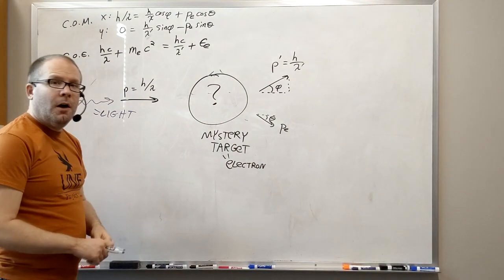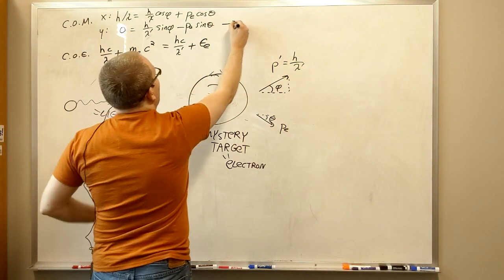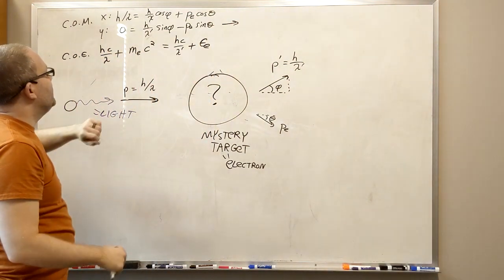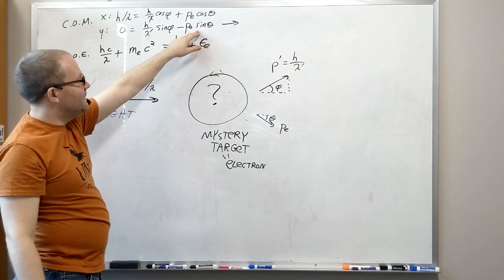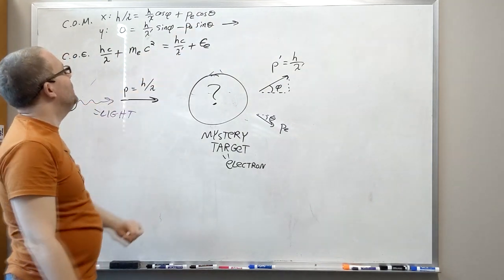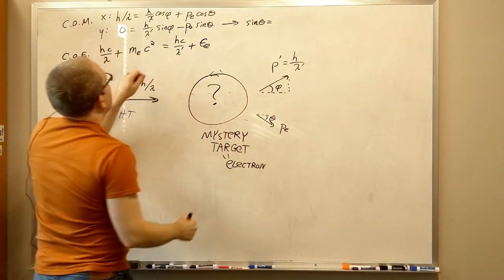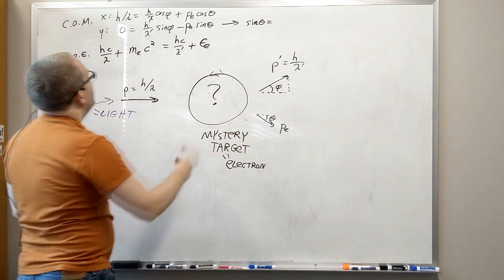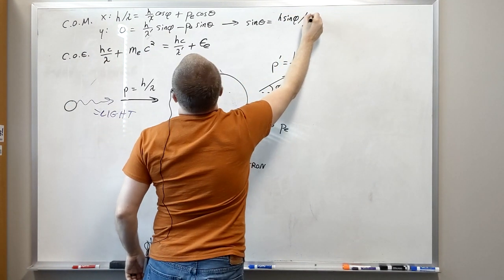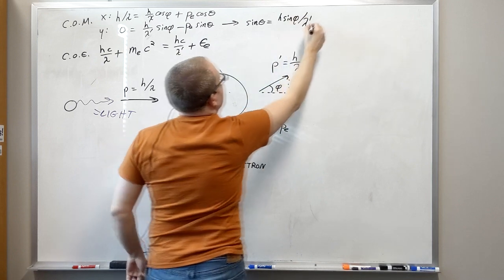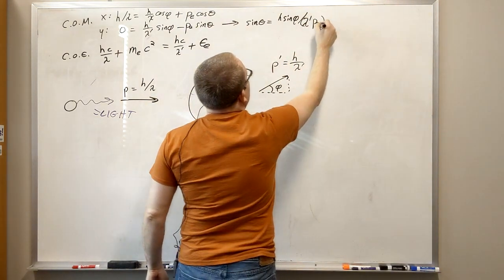Always start with the simplest looking equation, the one with the 0 in it. This y component of conservation of momentum is going to allow me to eliminate sine of theta, which I can relate to cosine of theta up here. So that's just going to tell me that sine of theta is going to be h sine phi divided by lambda prime PE.